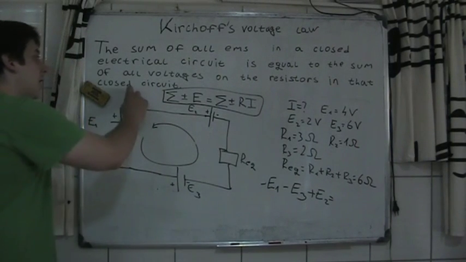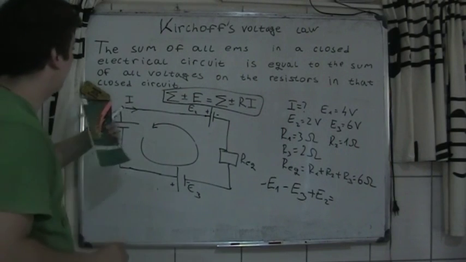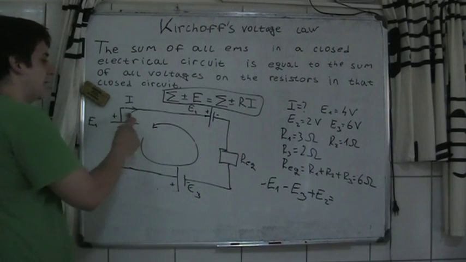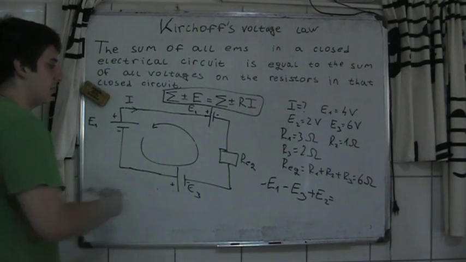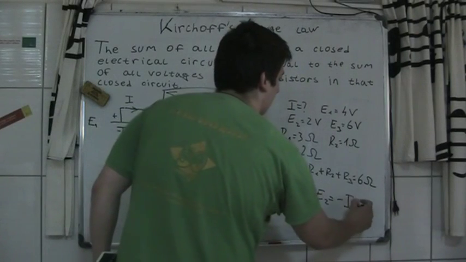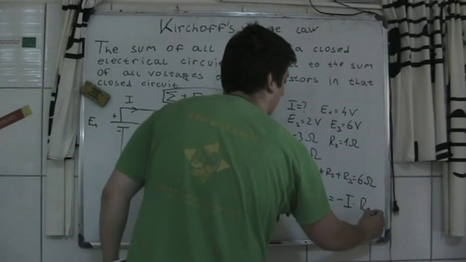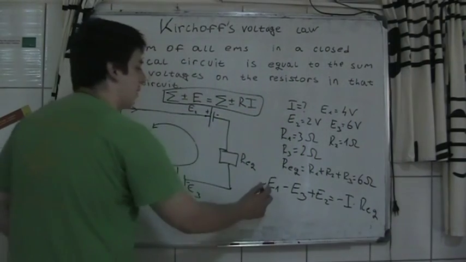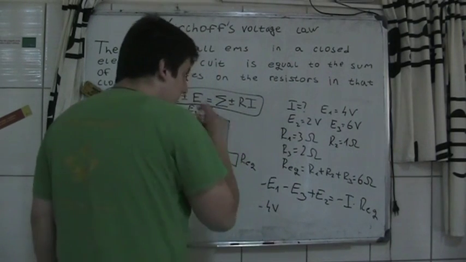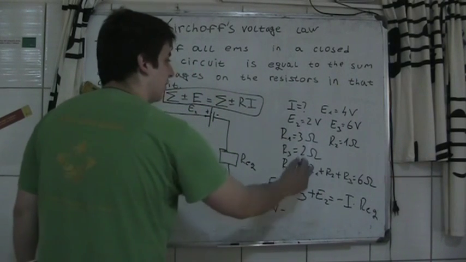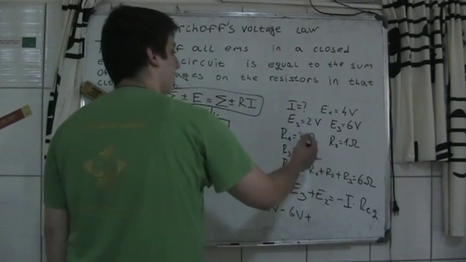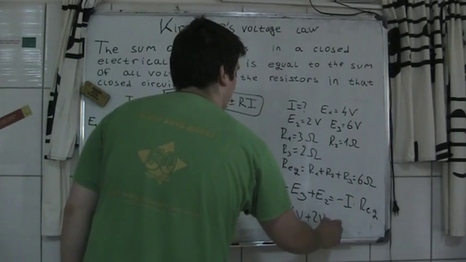So now you can see that I is not in the same direction as this closed loop. So we put minus I times R equivalent. Now we have minus E1, that's minus 4 volts, minus E3, that's minus 6 volts, plus E2, 2 volts.